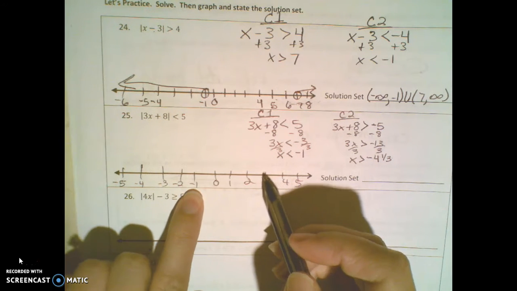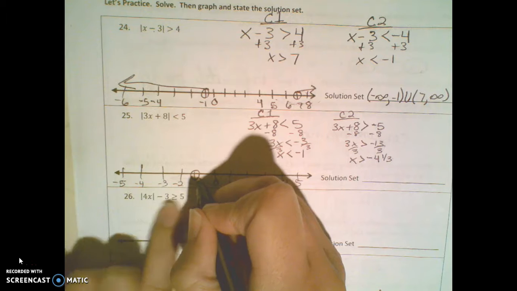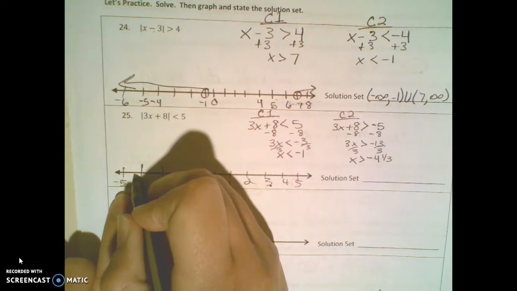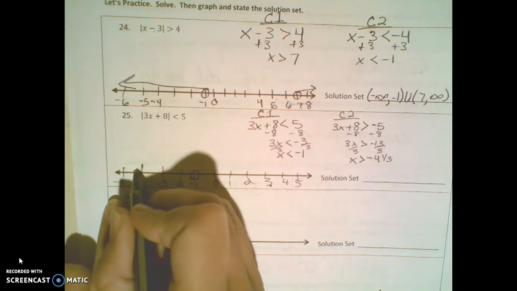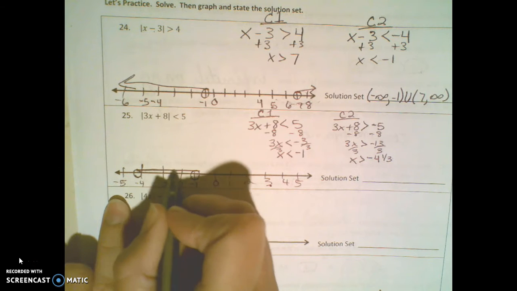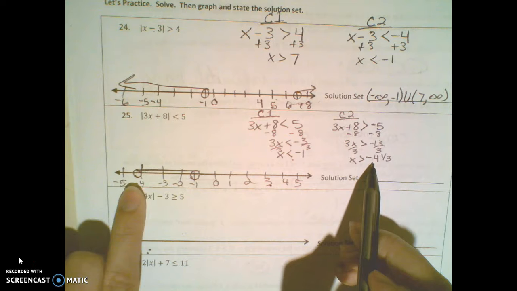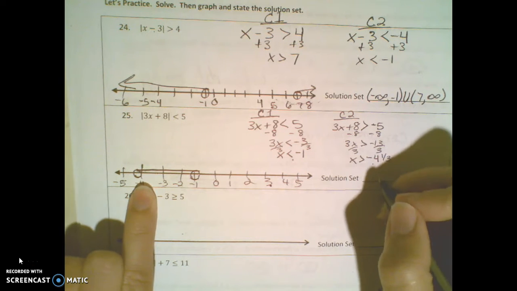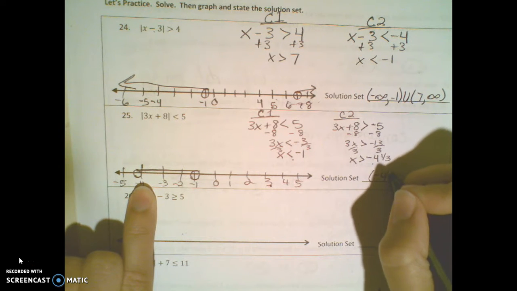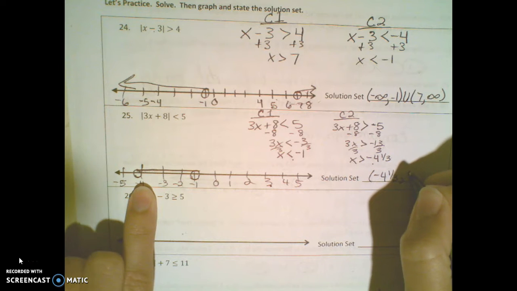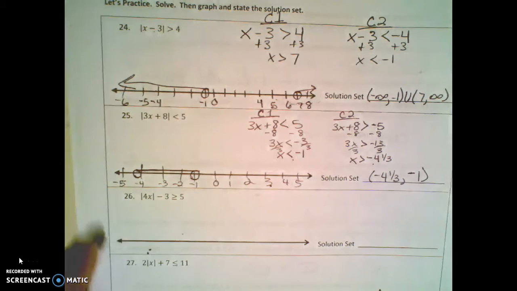So from negative 1, and then here's negative 4 1/3, and then we're looking at the stuff in between them on this one because it's less than negative 1 but greater than negative 4 1/3. And so that looks like negative 4 1/3 to negative 1.